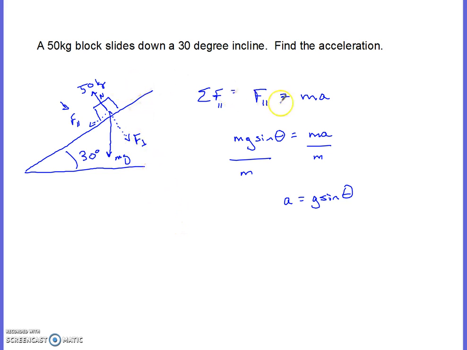If you have an object sliding down a frictionless surface, its acceleration is equal to g sine theta. So in this case, it's 9.8 times the sine of 30 degrees, which is 4.9 meters per second squared.